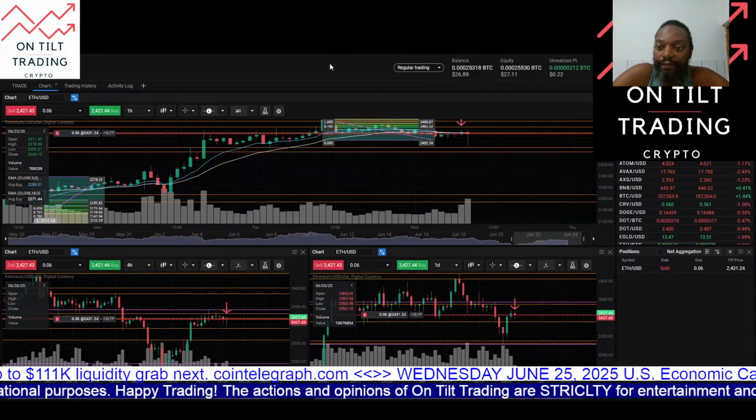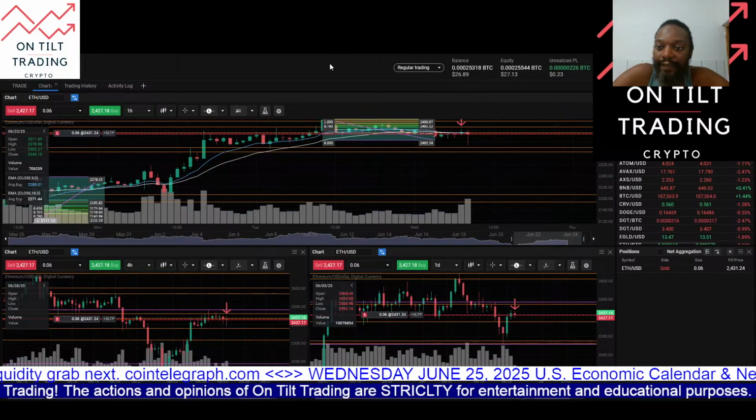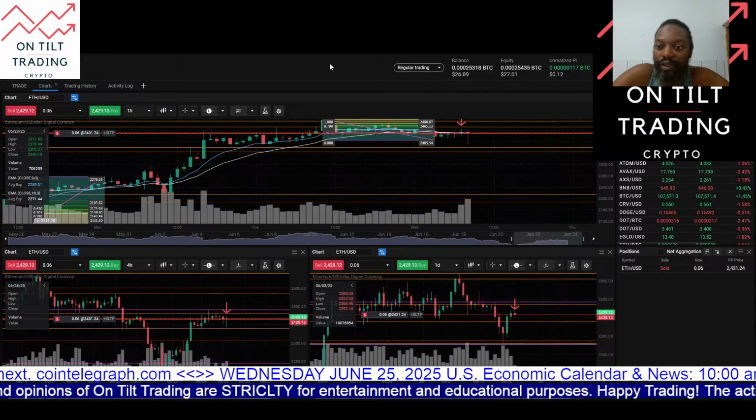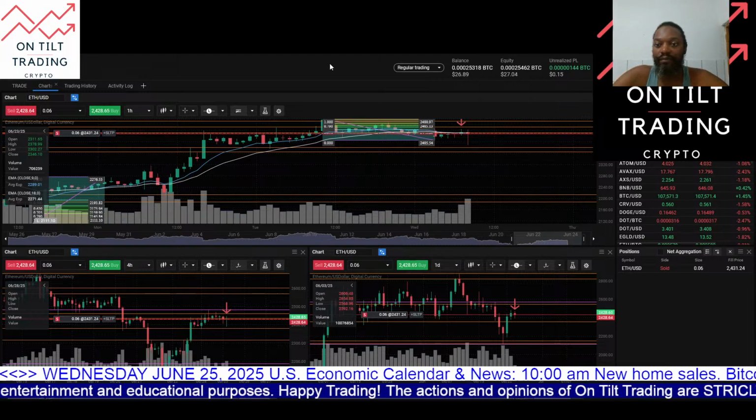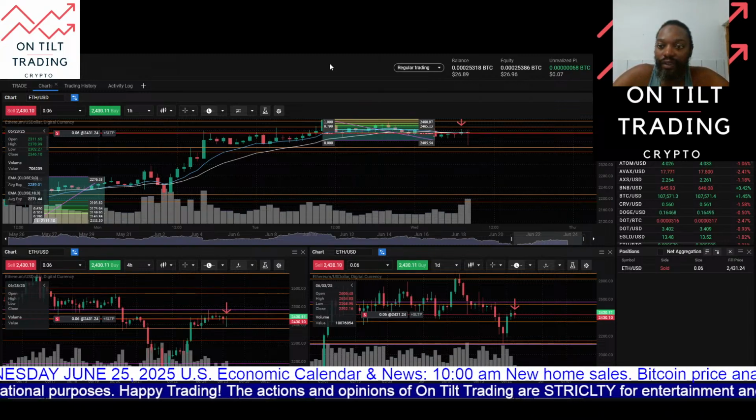Price consolidating and being delivered to the buy side here in Ethereum, trading at 24.29, 24.30.